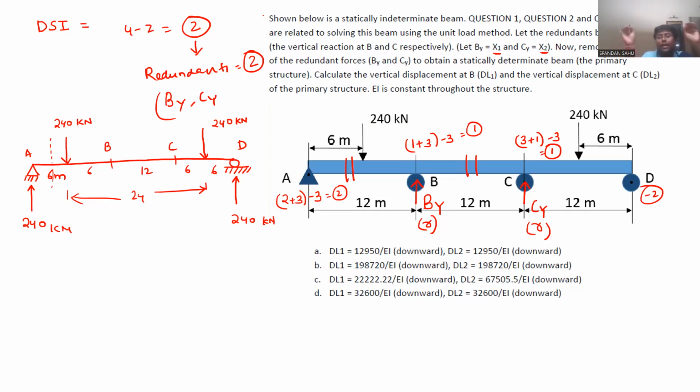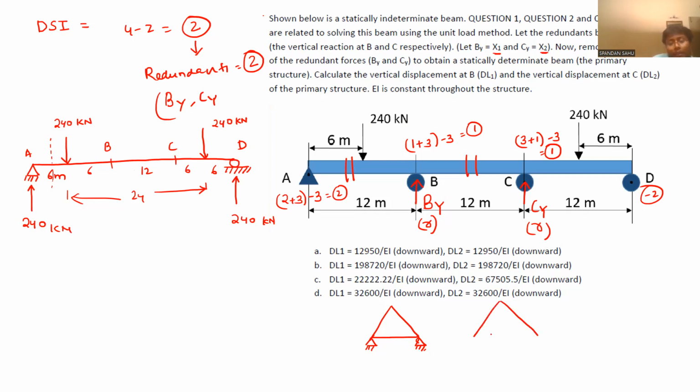Now I am trying to give an analogy between truss and beam or frame, and how the process of analogy goes between a truss member and a frame member. In truss, you are making a primary structure. Suppose your truss was like this, and this was indeterminate.